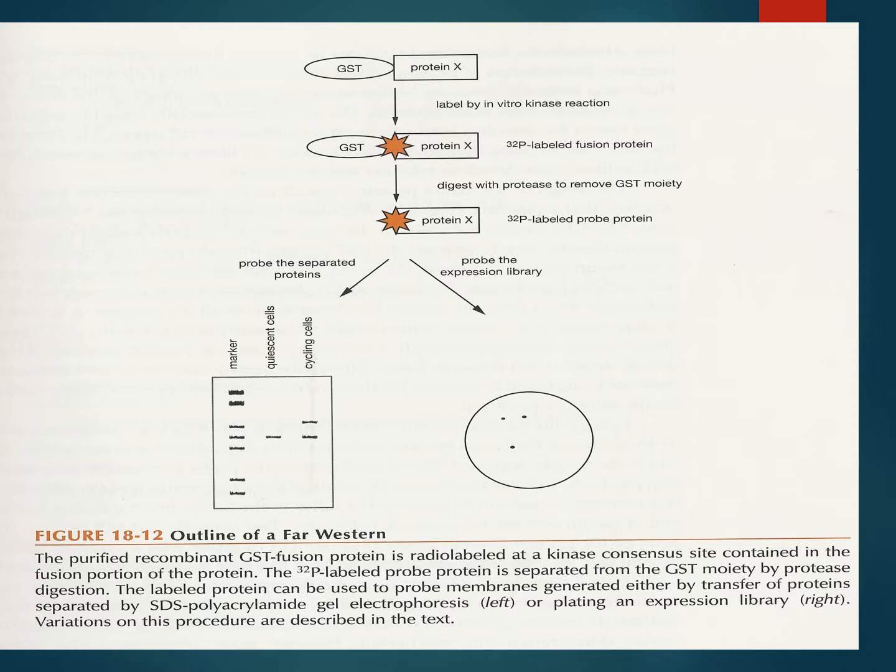Here's a cartoon, and basically they take a GST-tagged protein X, and we'll call that our bait protein. Okay, so protein X is our bait. And we do an in vitro kinase reaction.